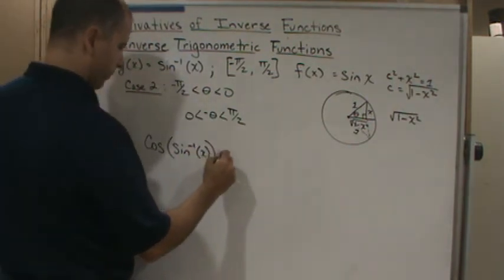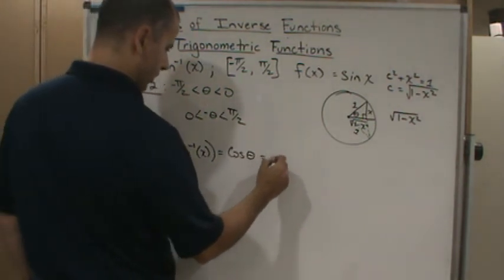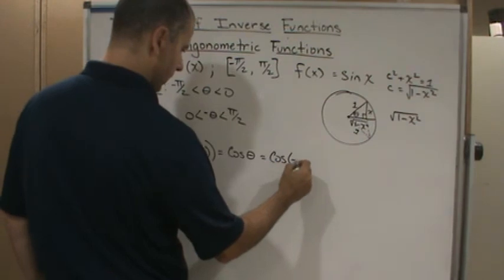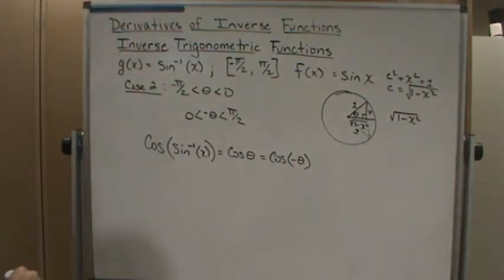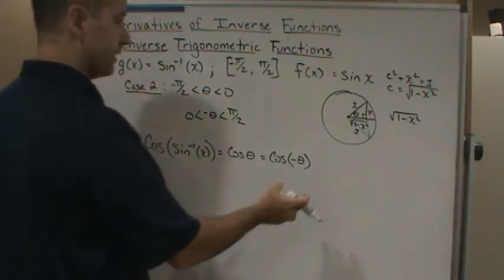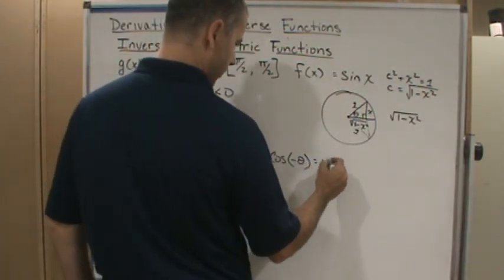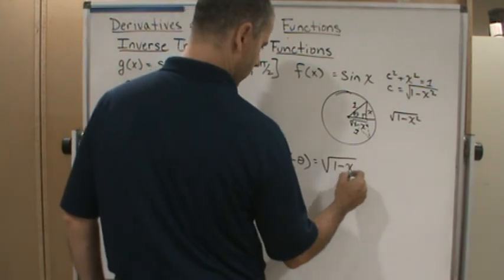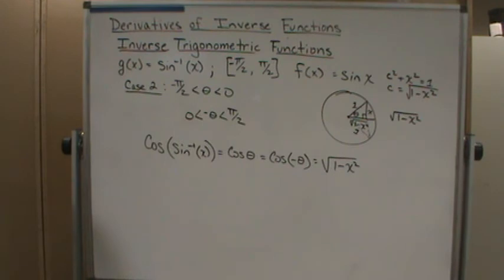That is equal to cosine theta, which is equal to cosine negative theta, which, by the same reasoning as before, is equal to the square root of 1 minus x squared. So that's case 2.